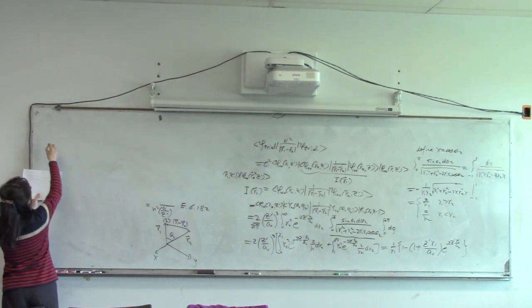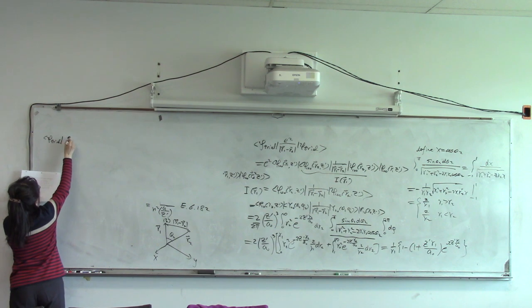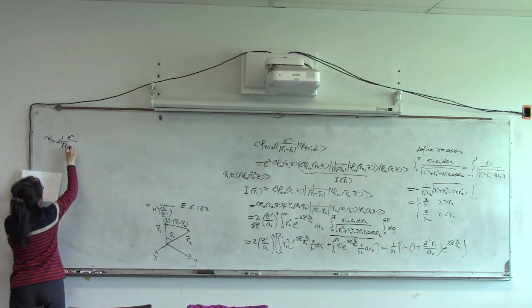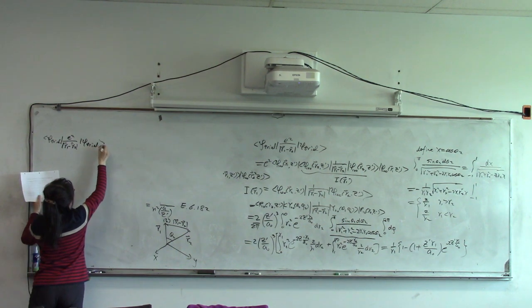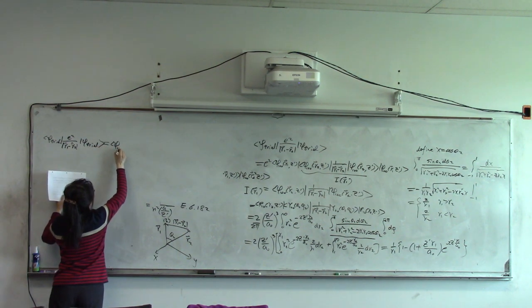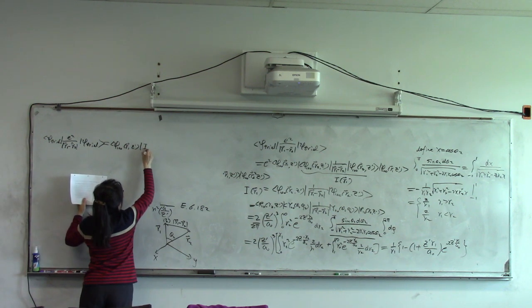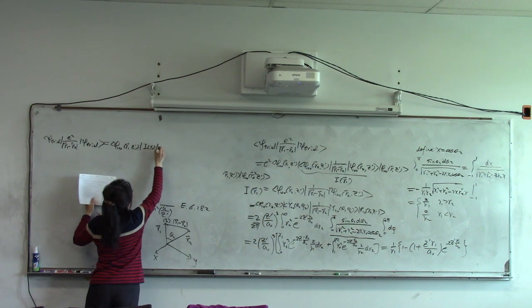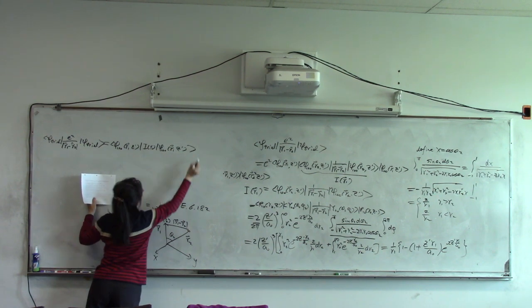Here we have the wave function squared over R1 minus R2. Let me just write down first again, H1, I of R1, Z1.